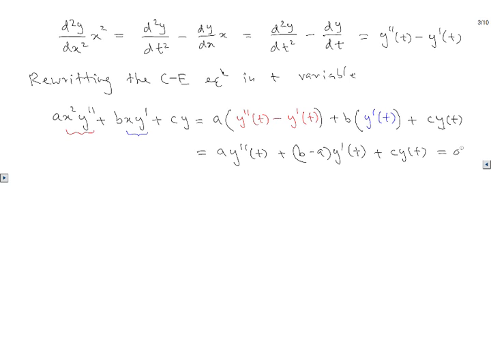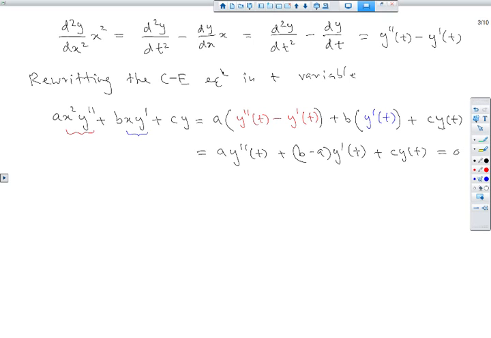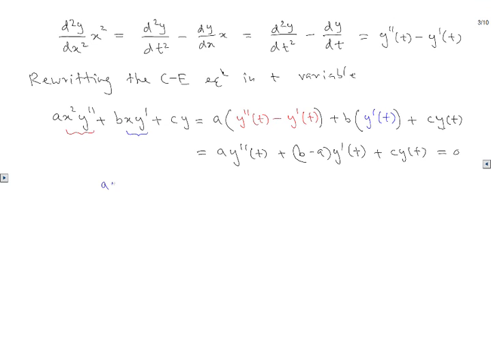So you can see that you simply get a constant coefficient differential equation in terms of the t variable, which you know how to solve, that we discussed. So what we have now is this one: a y double prime t plus b minus a y prime t plus c y t equals 0.